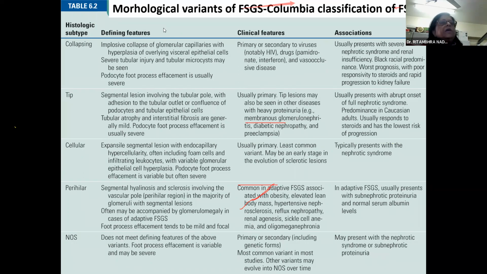What we mean by an enlarged glomerulus is that in 40x magnification of our microscope, one single glomerulus goes beyond the confines of the field. So yes, it is one of the clues towards secondary FSGS. Another clue to secondary FSGS is irregular or different sizes of capillary loops in a glomerulus.